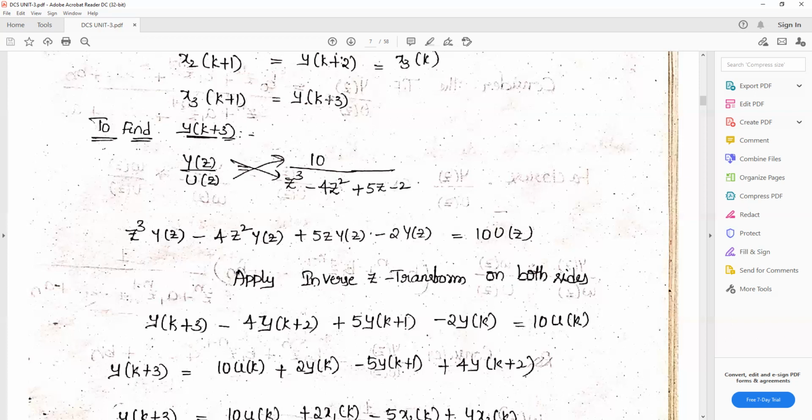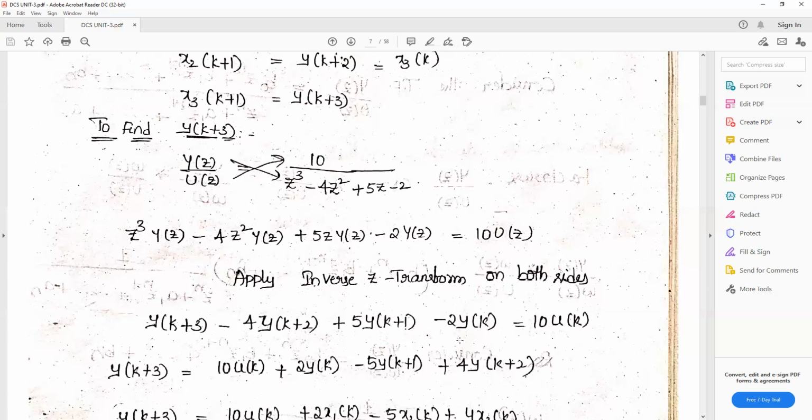Z square into Y of z is y of k plus 2, and z into Y of z is y of k plus 1. So z cube is k plus 3, z square is k plus 2, z is k plus 1, and Y of z is y of k.